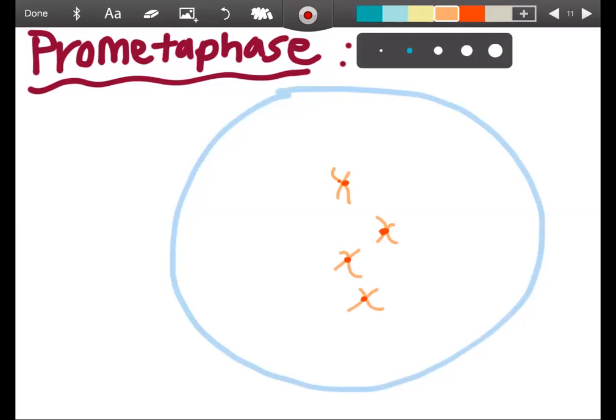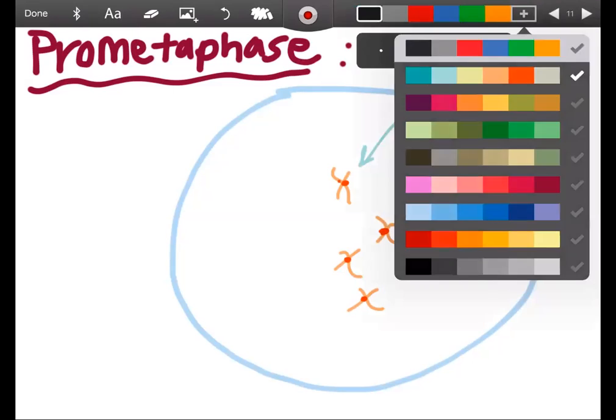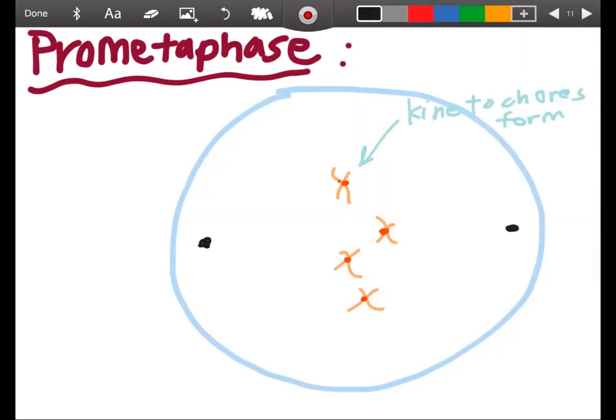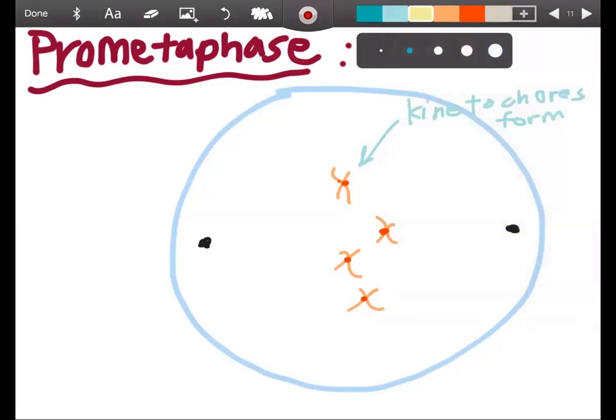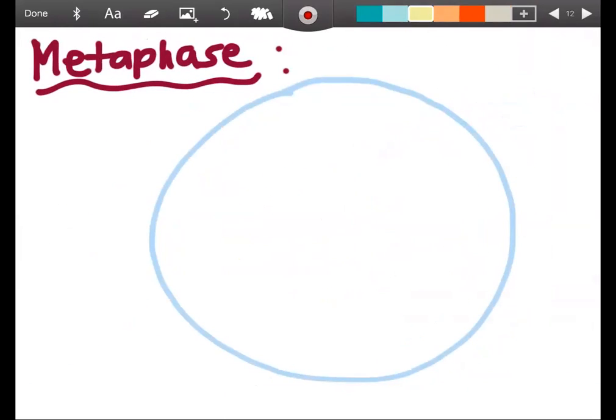I'll just write that down. Kinetochores. And then the mitotic spindle is going to attach to the kinetochore. So again, centrosomes. And then our spindle fibers, they're going to start to connect to these. So that is prometaphase.